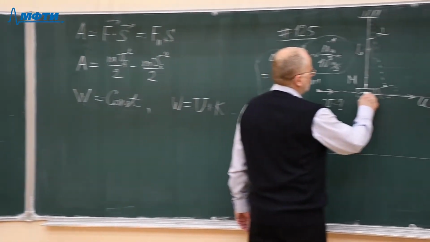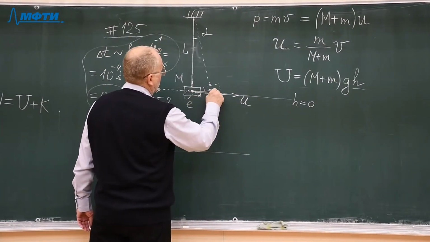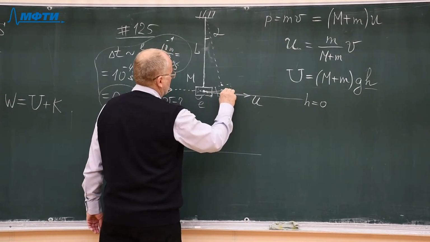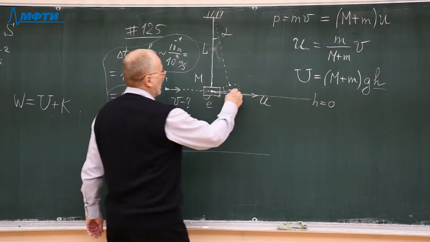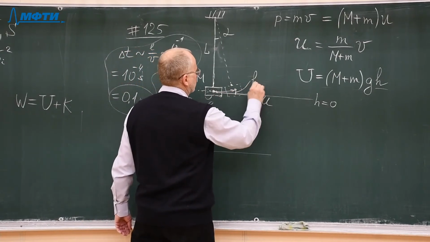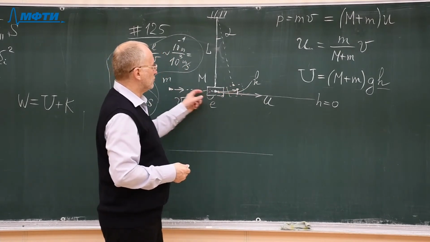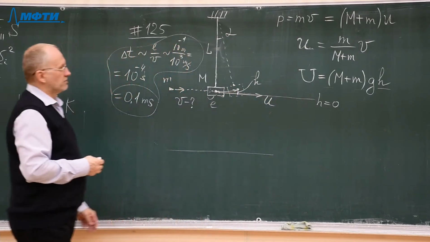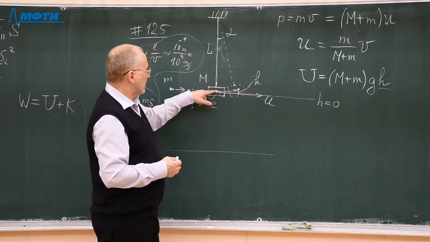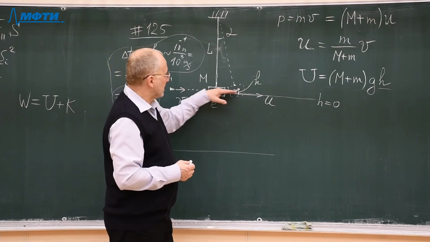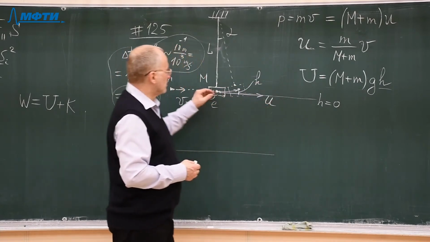So after the box is deflected, its center of mass will go up by some quantity, and that will be the height of the center of mass with respect to the 0 level, the initial position of the center of mass. So as the box is deflected, the height of its center of mass increases, and so the potential energy increases.